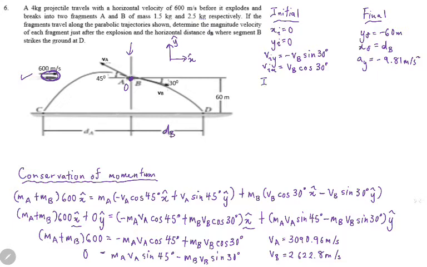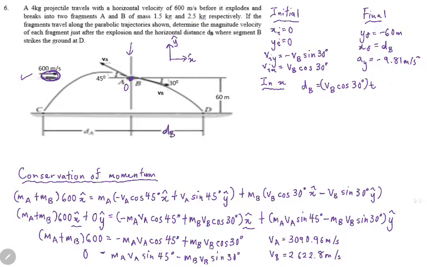In x, I will use the formula x final equals v initial t plus x initial. That gives me dB, which is x final, equals vx, which is constant throughout the journey, so VB cos 30 degrees times the time.